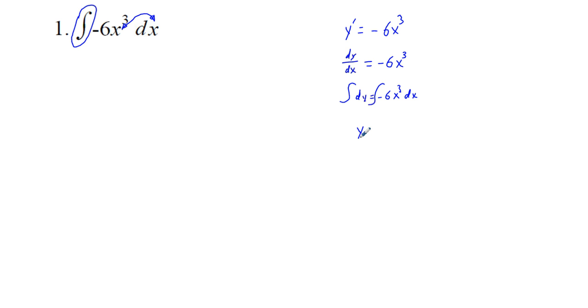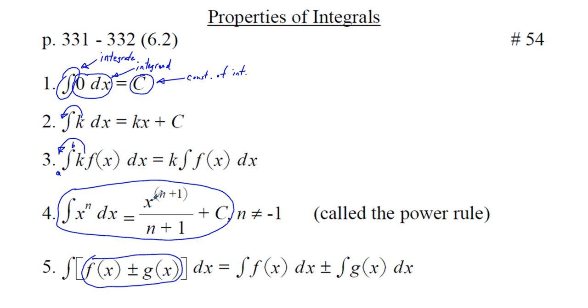On the left side, we're going to have y, and y is going to be equal to -6 times the integral of x cubed dx. And now we're going to use the power rule. Going back here, the power rule is that we take our variable to a power and raise that power by 1.